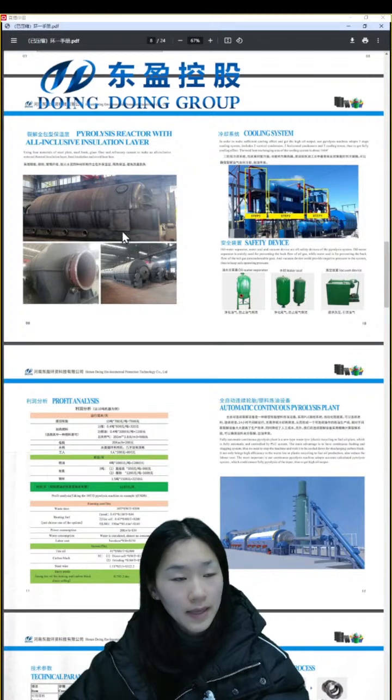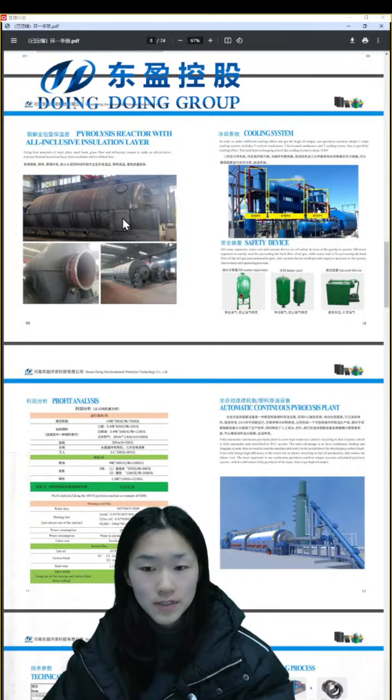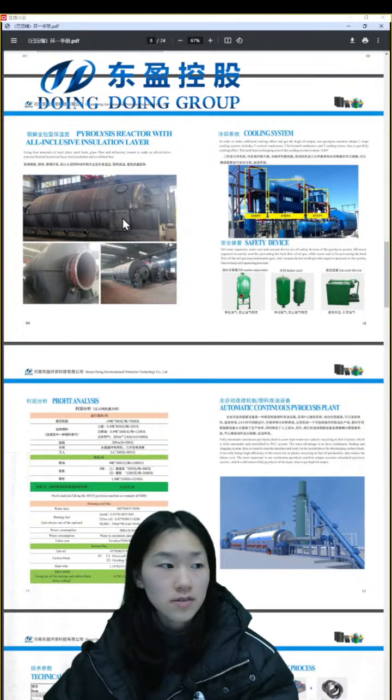At the same time, it improves the operation efficiency.